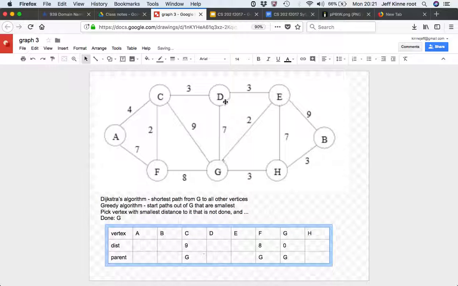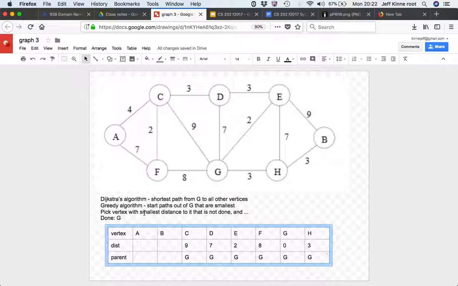Going through G, we can get to D with a distance of 7, to E with a distance of 2, and to H with a distance of 3. Okay, that's all the neighbors of G. A and B are not connected to G directly.